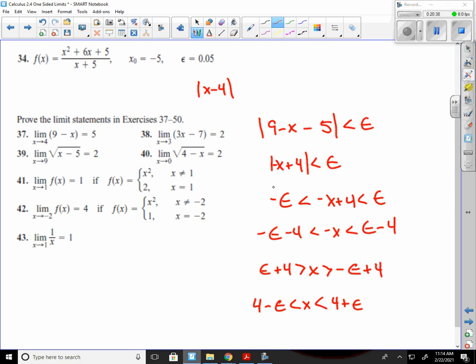And now I'm solving for my delta, with this being less than delta. And so it's x minus 4 less than delta and greater than negative delta. Then just solving this out, adding 4 to each side, that's going to be 4 minus delta is less than x, less than 4 plus delta.